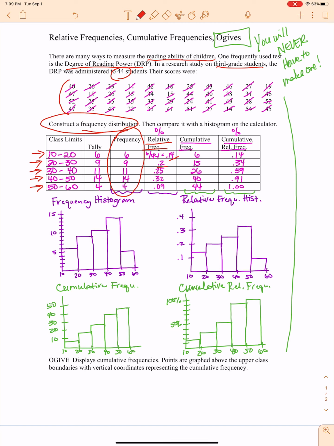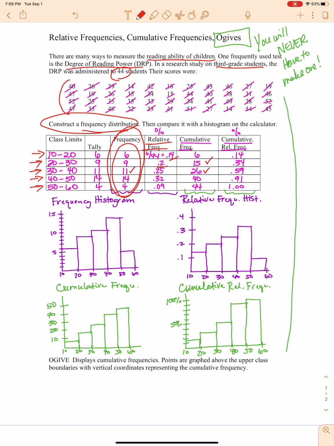Okay, what's in the next column, Miss Griggs? Well, the next column is cumulative frequency. So what that means, I looked back at my frequencies and I wrote them as they accumulate. So the first one is 6, but then after that I add another 9 to that, and that's how I get the 15. And then I add 11 and I get 26, etc., etc. That's how cumulative frequency works.